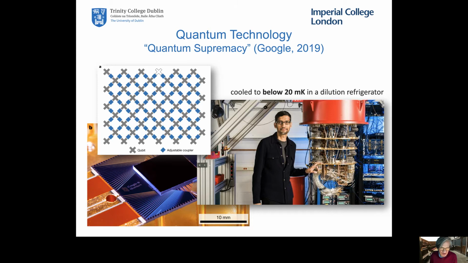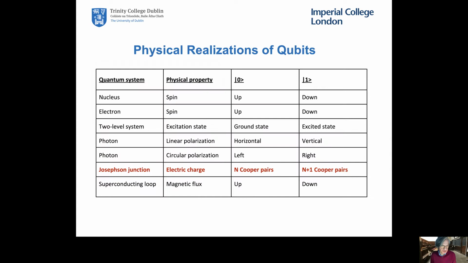Because if you can imagine something which is tiny and small and requires the description in terms of quantum physics, in order to maintain that interaction, you have to cool that down to cryogenic temperatures to reduce noise and fluctuations. But that clearly is a limitation.